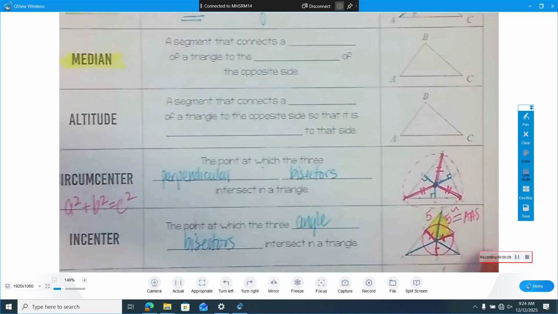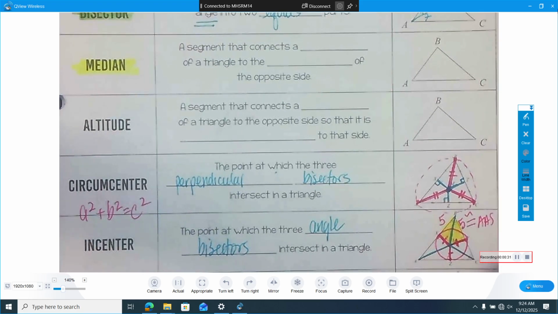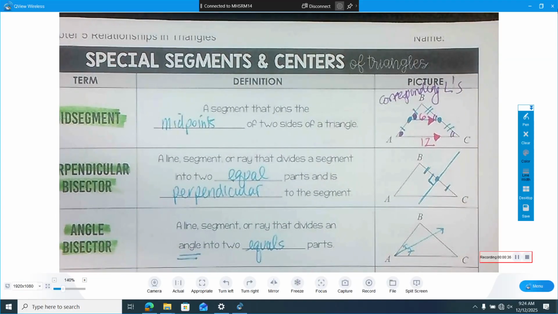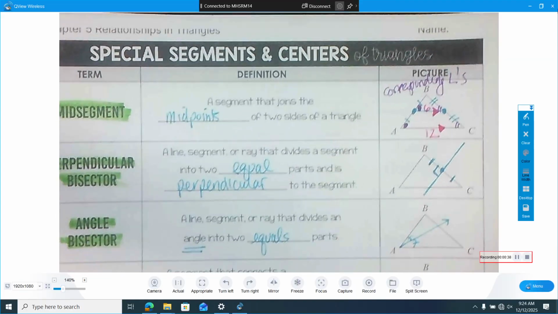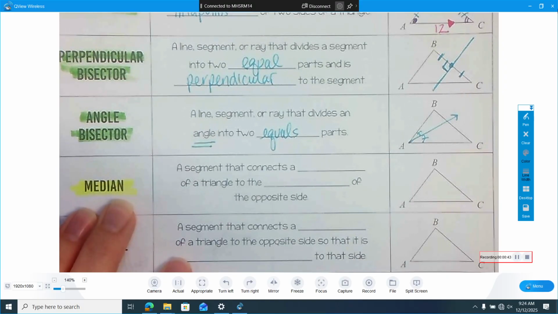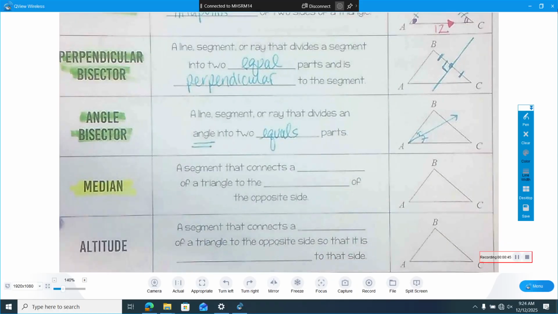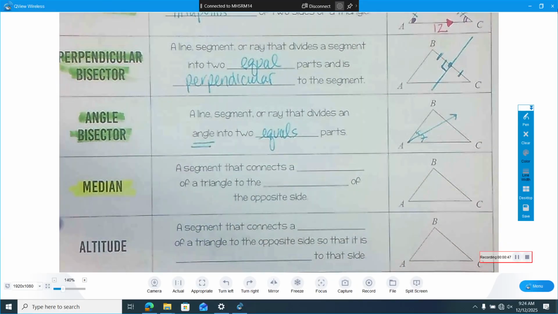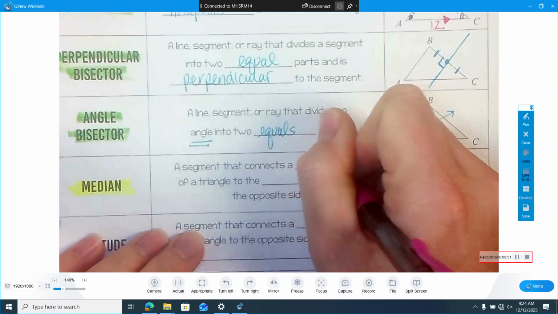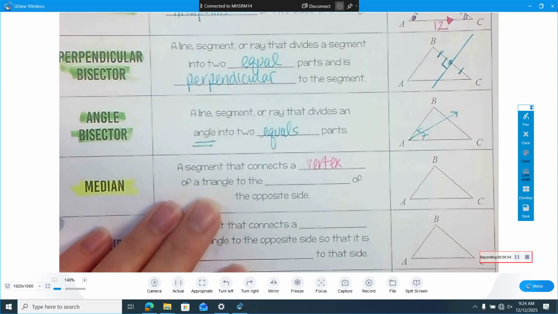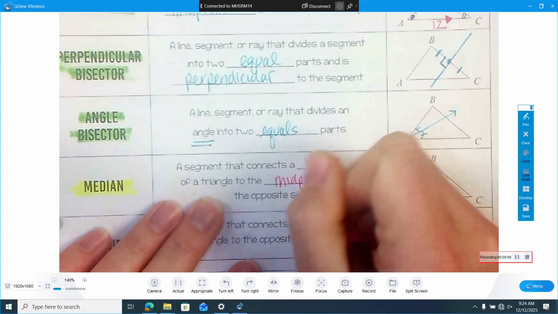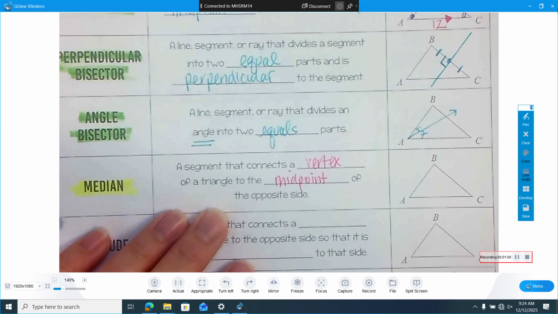Now, on Wednesday, we talked about the median. This is page 1, by the way. This is the first page of our notes. So we talked about the median on Wednesday. What is a median? It is a segment that connects a vertex of a triangle to the midpoint of the opposite side.